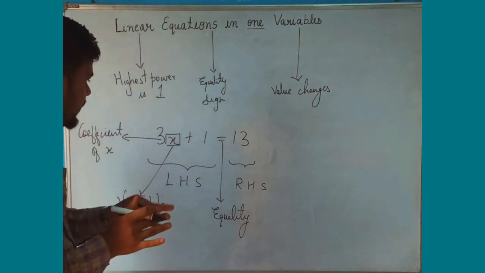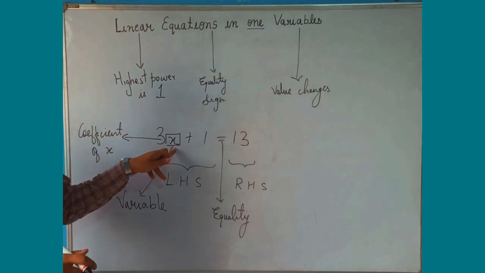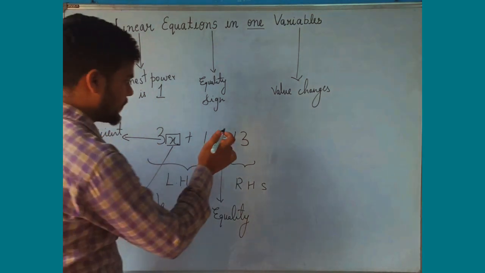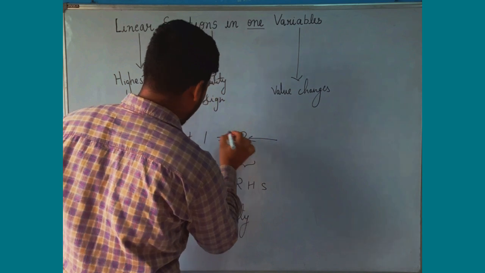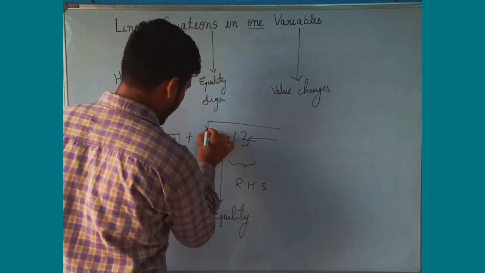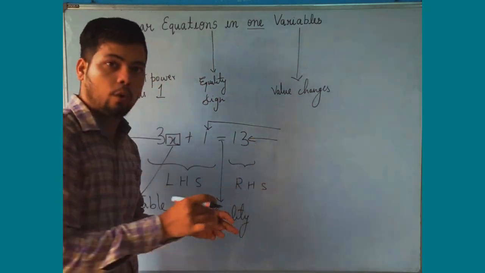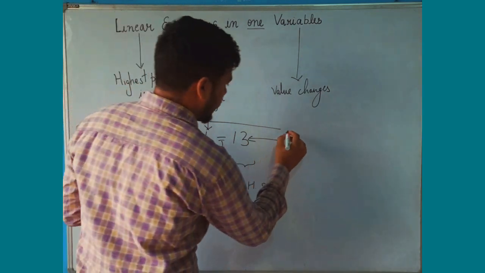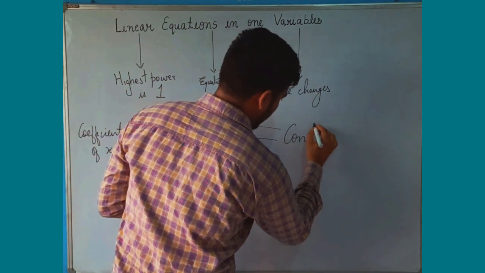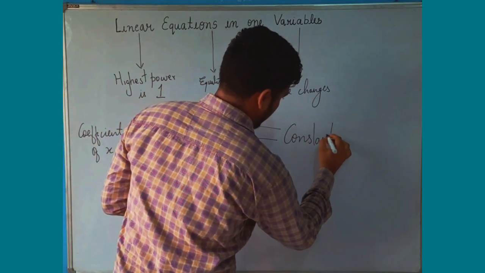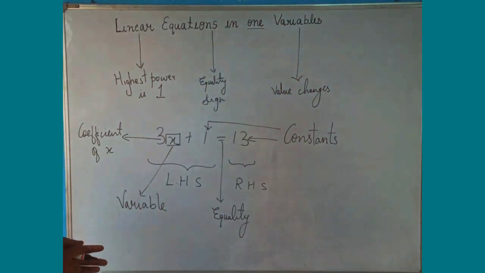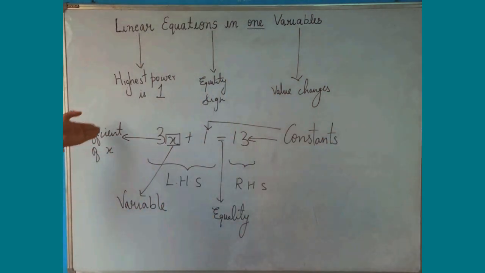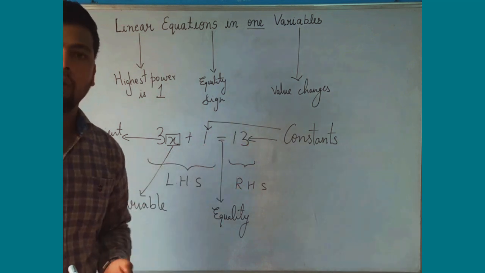To be more specific, this is my numeric coefficient of the variable x, and this 13 as well as this one here, both of them don't have any variable, so these are my constants. So I hope you are clear with what's your coefficient, what's your variable, and what's your constant.